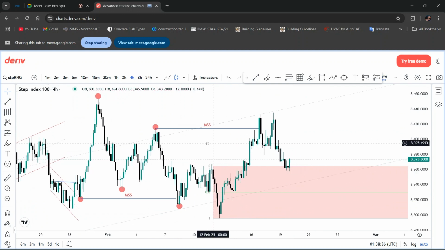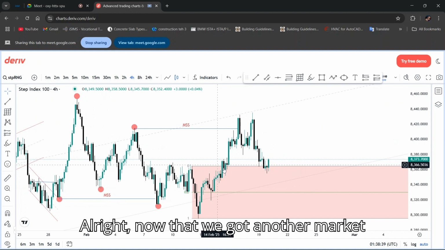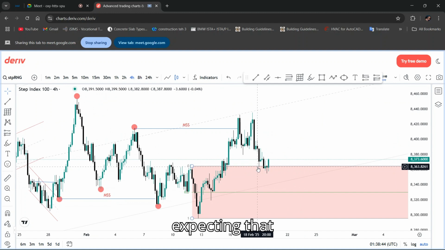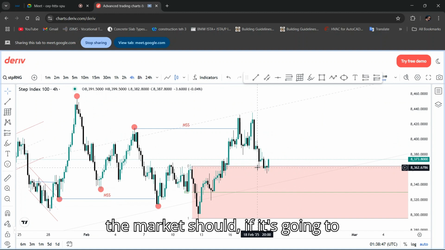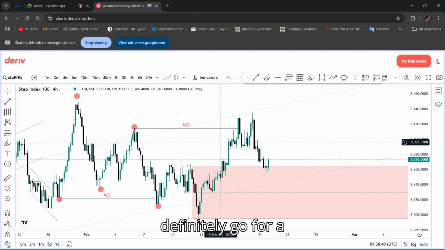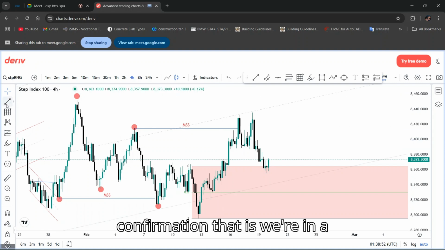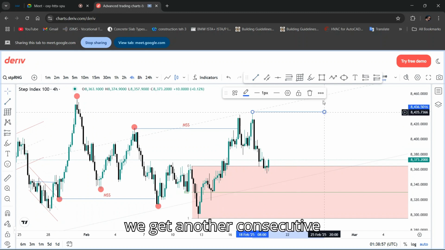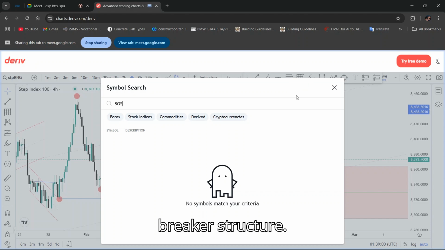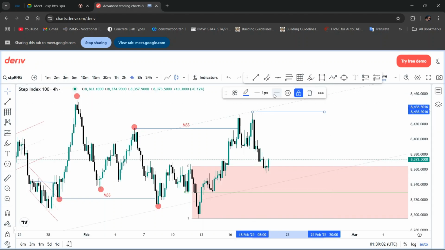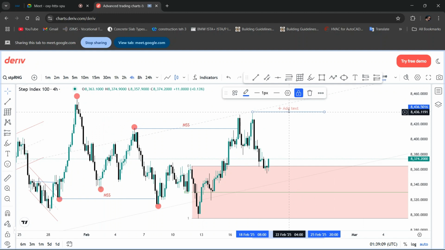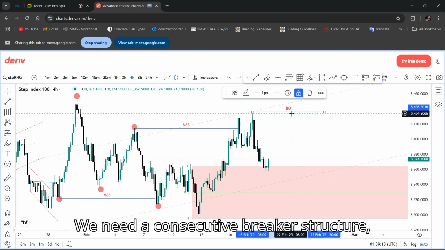Okay. All right. Now that we get another market structure shift, we are now expecting that the market, if it's going to definitely go for a confirmation that we're in a buyer's market, we need to see that we get another consecutive break of structure.